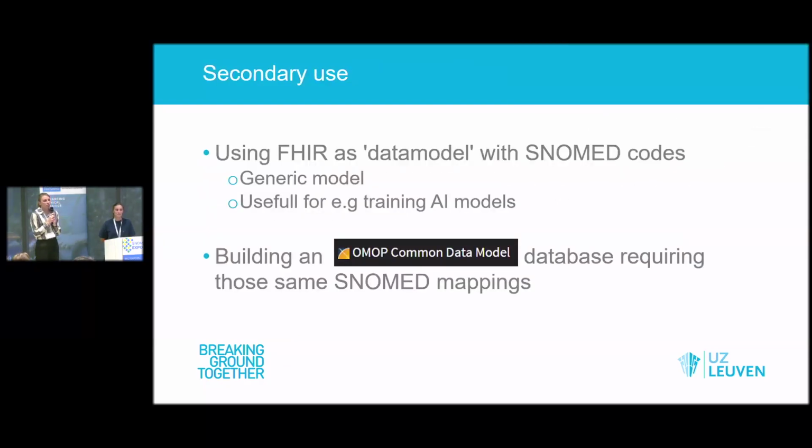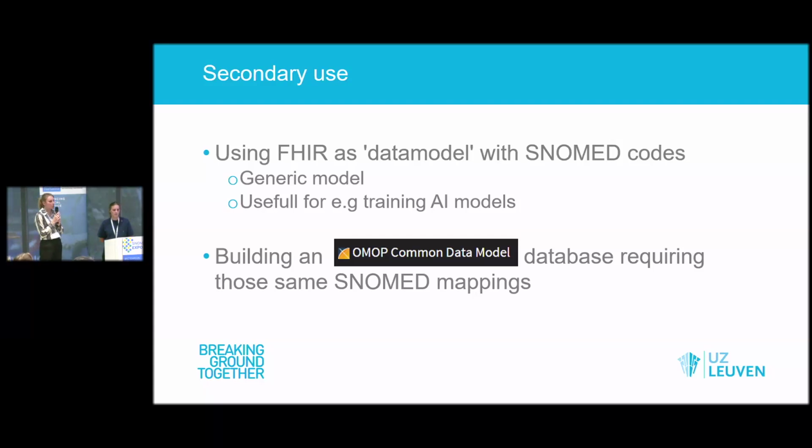And then for secondary use, we could use FHIR as a data model, although it's not really a data model. You could see it as a general structure, which is also useful for training AI models. But we in UZ Leuven also built our OMOP database from our FHIR resources, and we reuse the SNOMED codes that are in our FHIR resources, and then they flow right into our OMOP database.